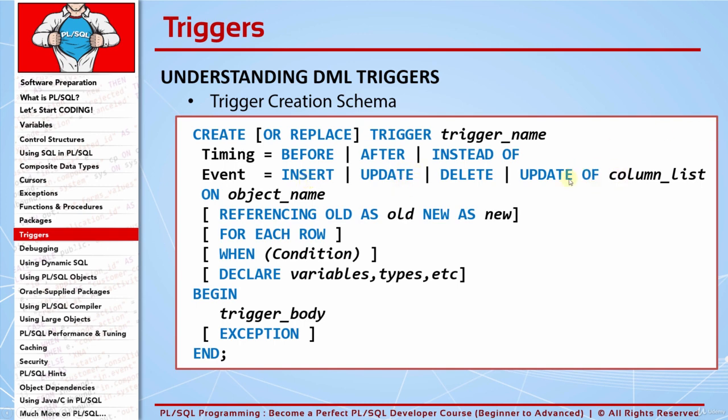So what is that update of option? As you know from our SQL lessons, insert and delete are row-based operations. If you insert something, you insert a complete row. If you delete something, you delete the whole row. You cannot delete a specific column. You can set it to null or something, but you cannot delete. But in updates, it is different because the update is done for the columns.